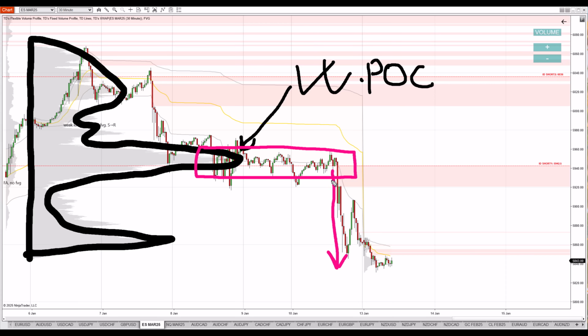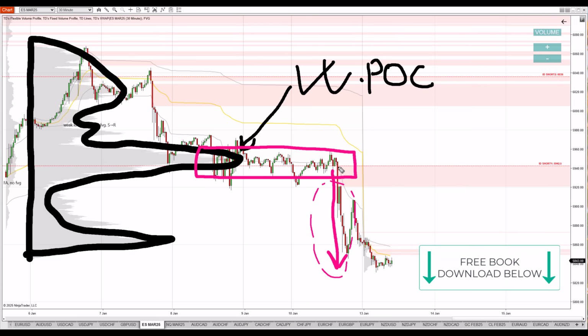This strong selling activity is telling me about the sellers dominating the market. For that reason, I think those sellers were active here in this rotation, adding to their short positions, right?